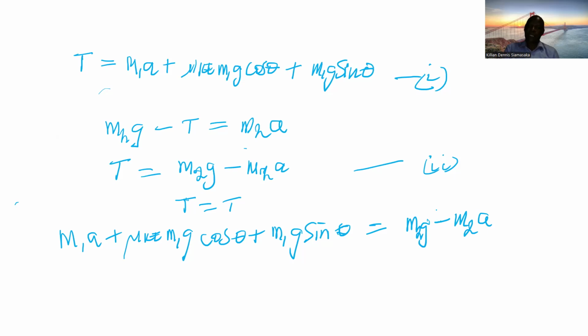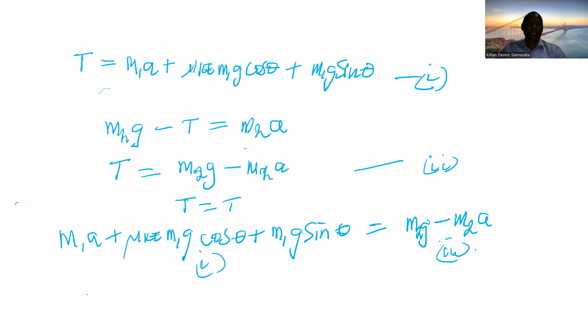Okay, so this is the equation where you have merely equated equation 1 and equation 2. This is equation 1, and this is equation 2, because these are the same, they are tension.